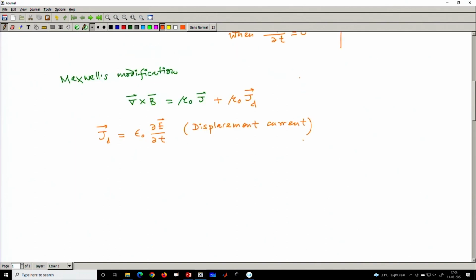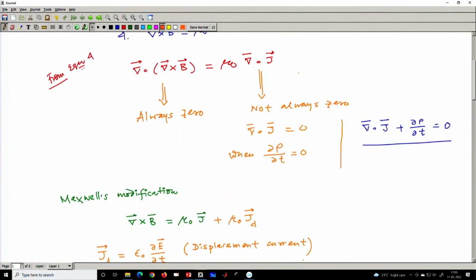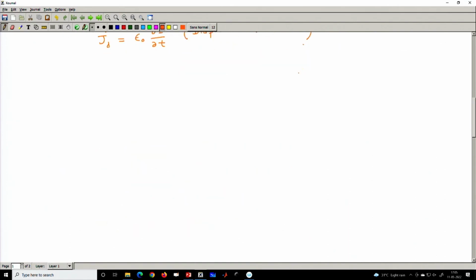So now let us have this term and check whether everything now works properly or not, whether equation 4 is now identically valid on the left hand side and right hand side. Then we will discuss this J d term. After adding this, we now have curl of B is mu 0 times J plus J d, that is the modification, and J d is this.